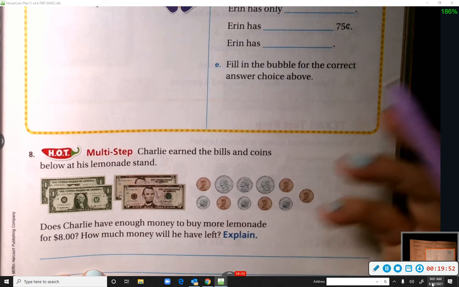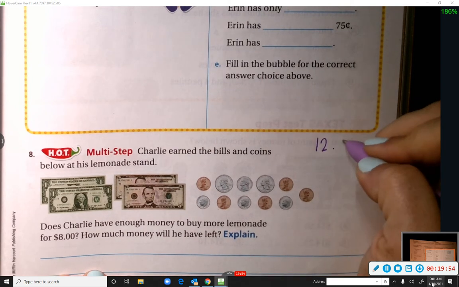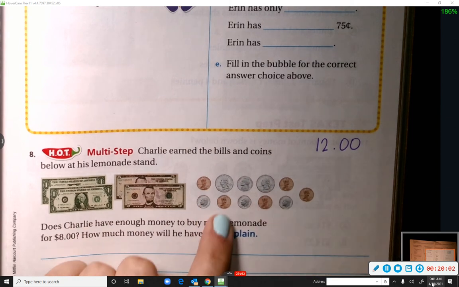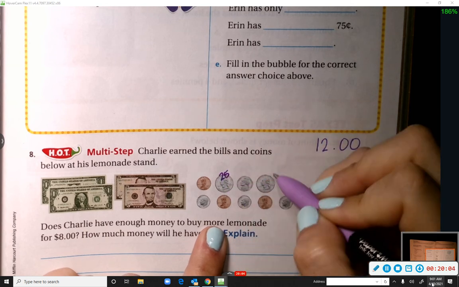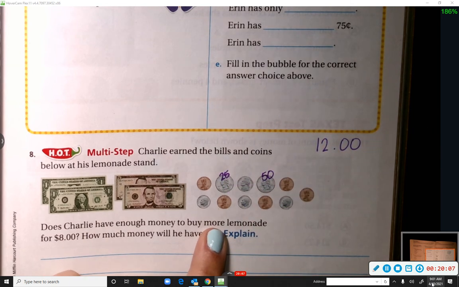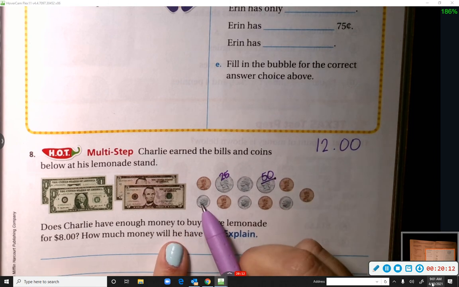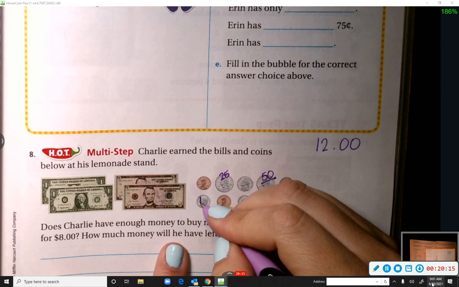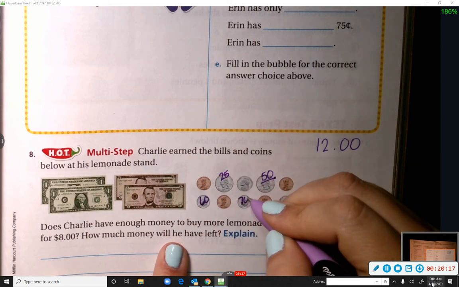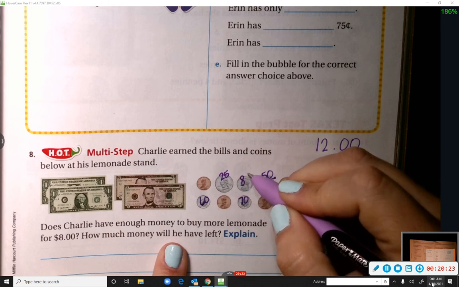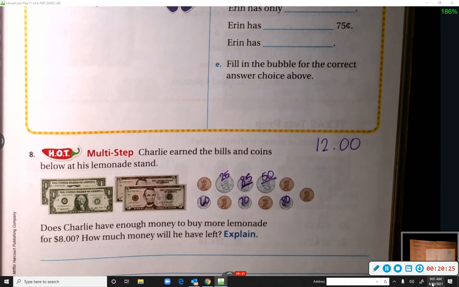Okay? Well, we all got the dollars right. There's 12. Now for the coins, the highest one I saw was a quarter, and I see 2 of them. So that would make it 25, 50. Now I'm going to count the dimes. So going from 50, skipping by what? 10. So this would now be 60, 70, 80, 85, because now we switched to a nickel, which is 5 cents.